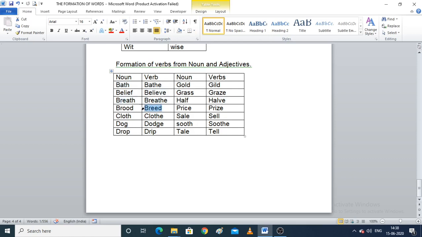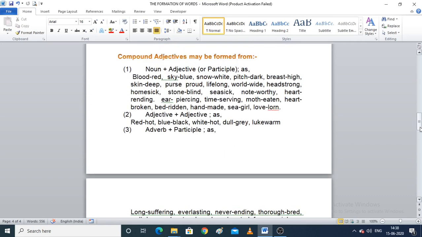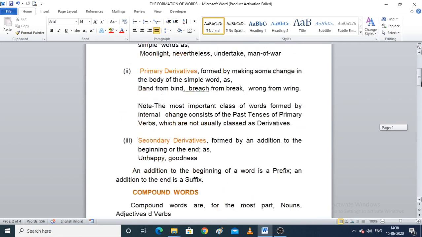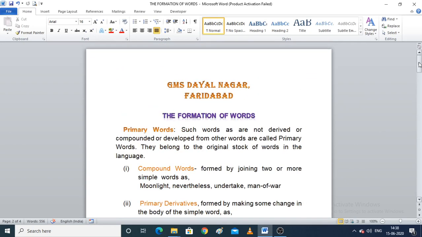Breed is derived from brood. You need to read all these examples, and that's all about this topic, students. I hope you understood it well, and I want you all to practice it at home to get better hands-on experience with this topic.